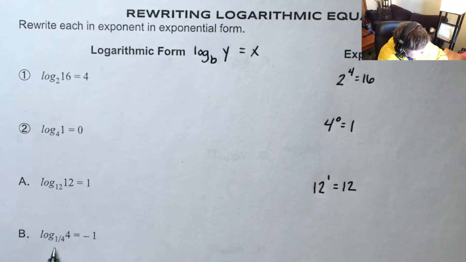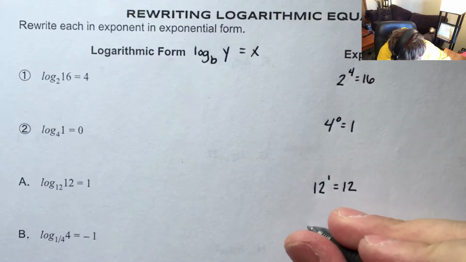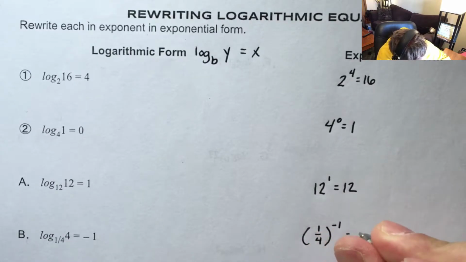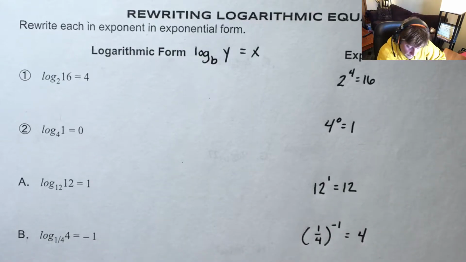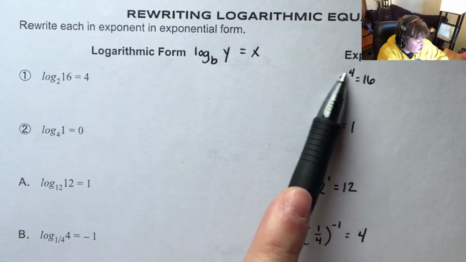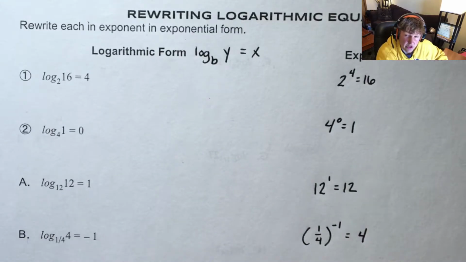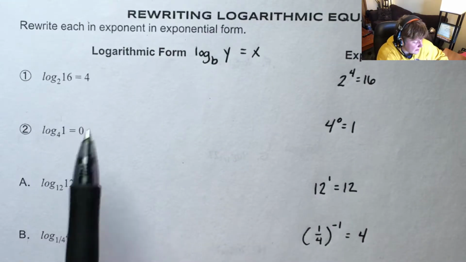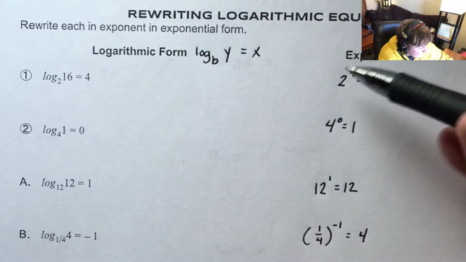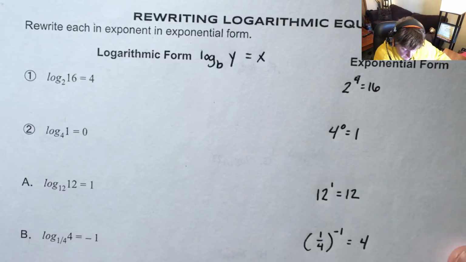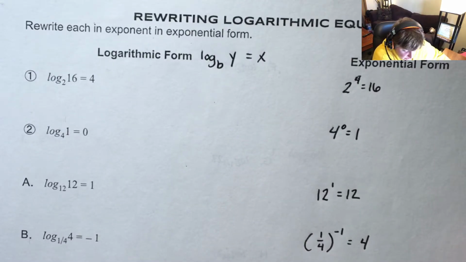When I have log base 1/4 of 4 is equal to -1, this means when I raise 1/4 to the -1st power, I get 4. This relationship between logarithmic form and exponential form is one you're really going to need to know, because when we start using the inverse properties to solve problems, that's what's going to be most helpful.